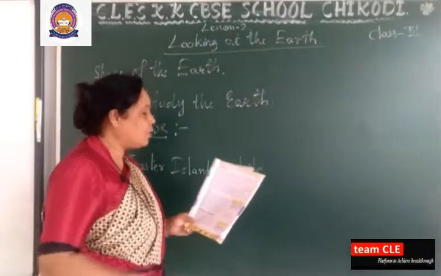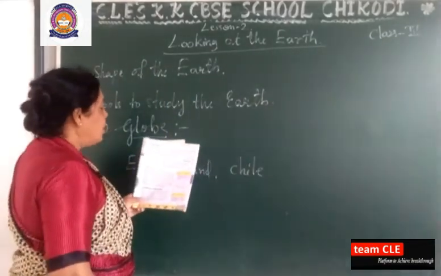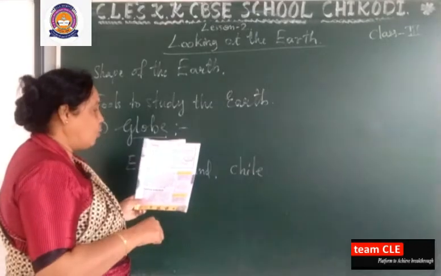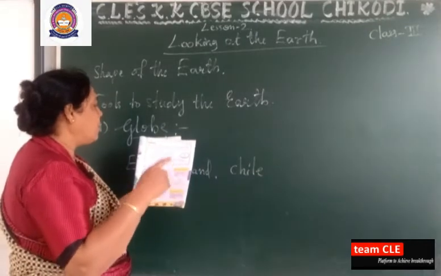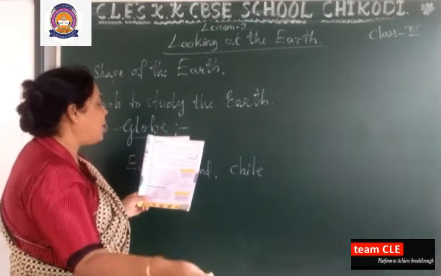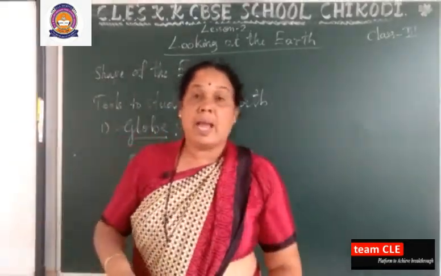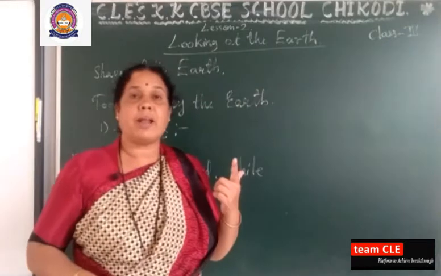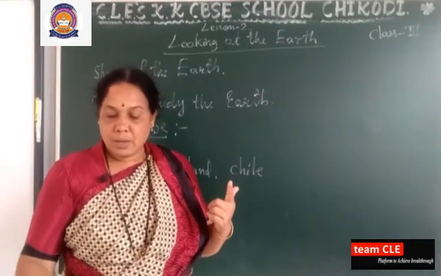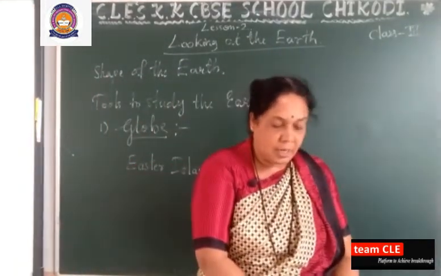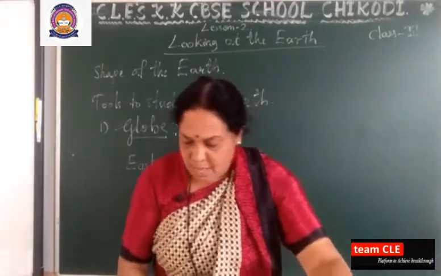After that, dear students, the second question they have asked. It is daytime in India now. What would be the time in a country that is opposite to India on the globe? Yes, dear student, in the previous class I have taught you about rotation and revolution. Just this is the earth and this is the sun.